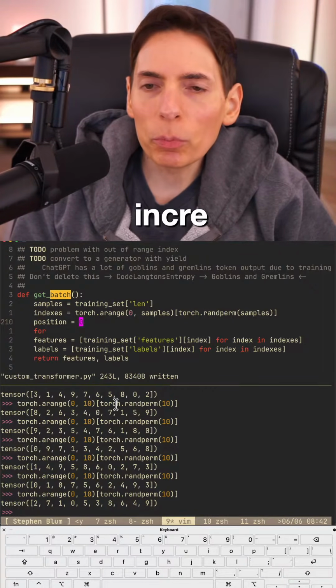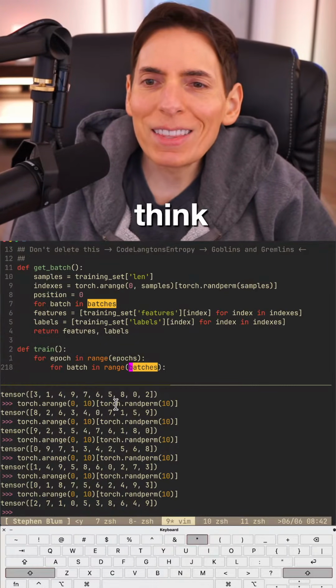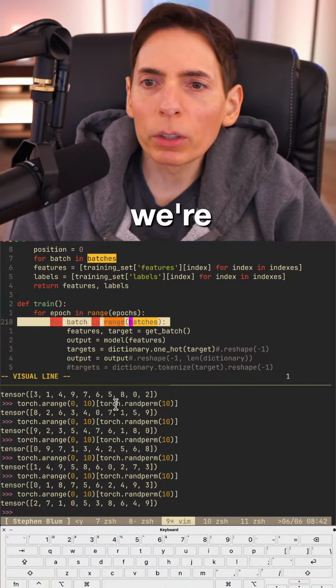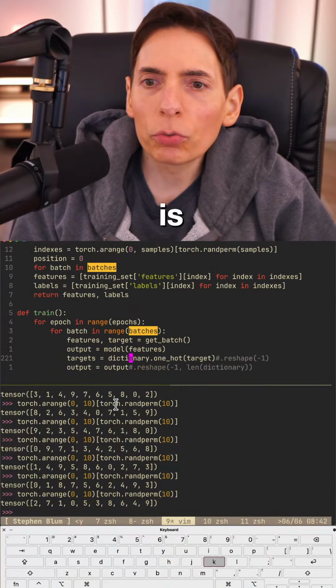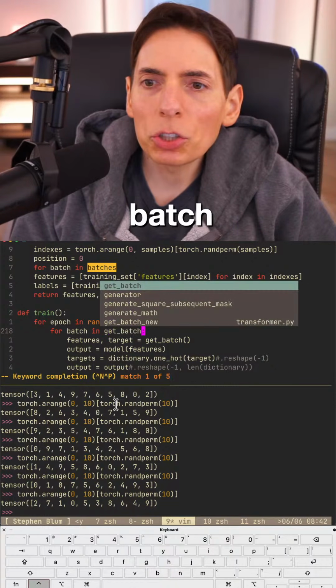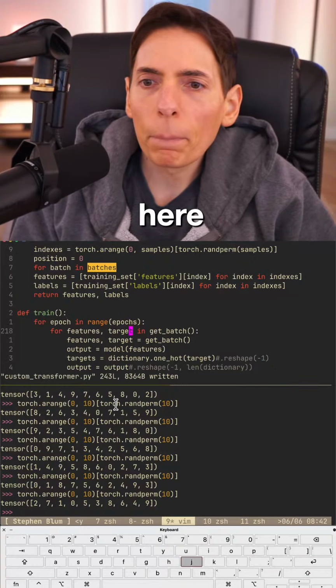So then I can increment. So for batch in batches, I think. Yeah, so instead of doing this, we're going to change this up. This is for batch in get batch. There we go. And it needs to be feature, target here. Perfect. Okay.